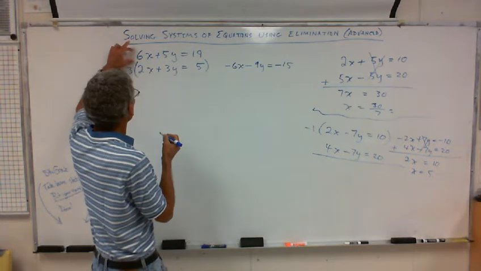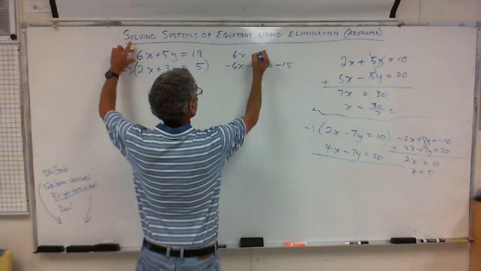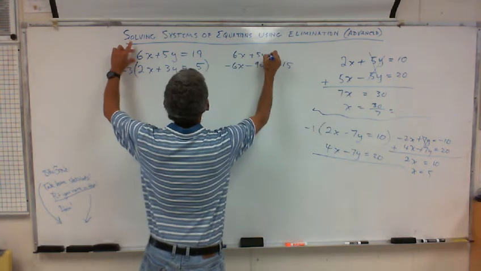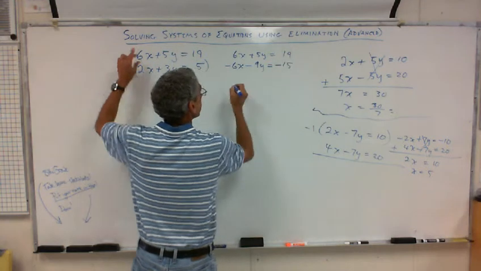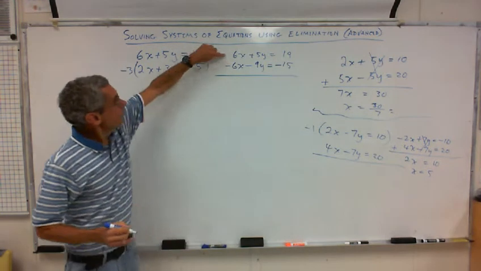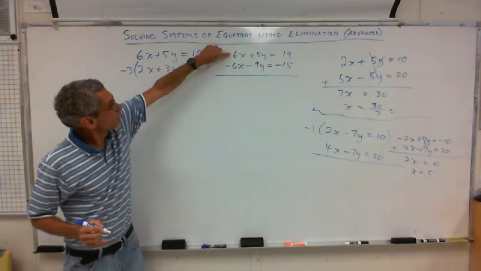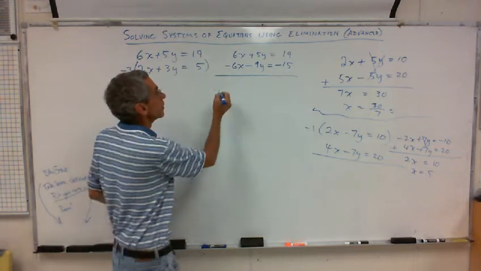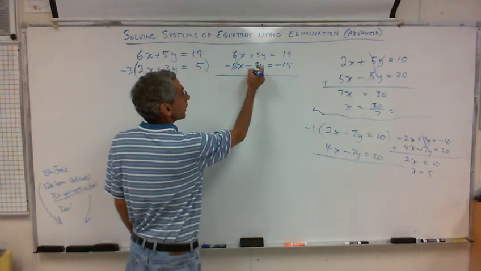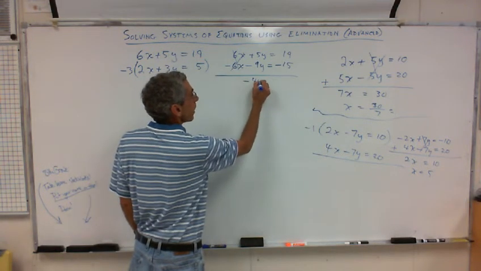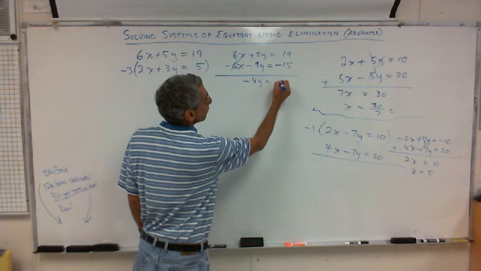And then I'm going to rewrite this above it, 6x plus 5y equals 19. And now I have coefficients that are identical, only they're opposites. That's perfect. So these cross out, and now that gives me negative 4y is equal to 4.